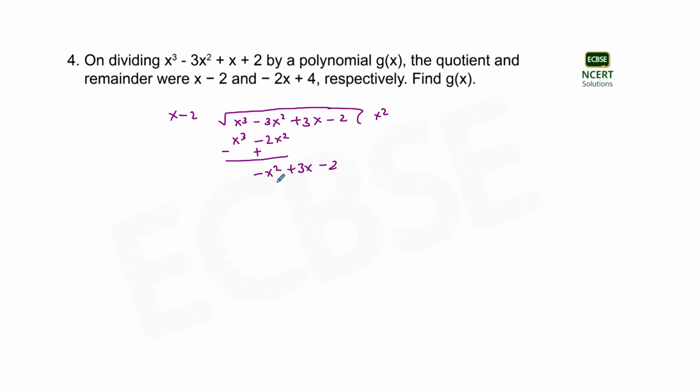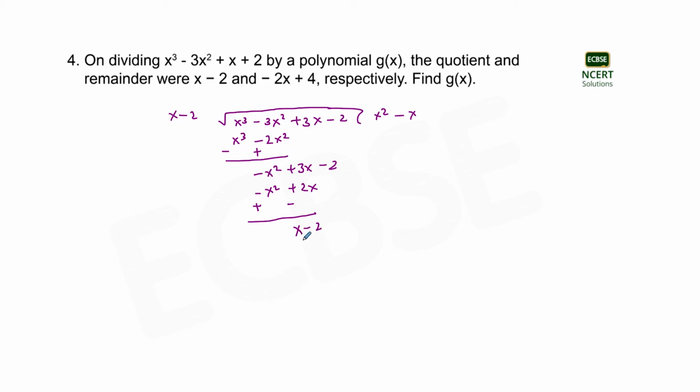Now again dividing the first term of the dividend by the first term of the divisor, that is -x^2 by x, the term which we obtain is -x. So now multiplying -x with x - 2, the polynomial which we obtain is -x^2 + 2x. Now again changing the sign, and subtracting the second from the first polynomial, we obtain x - 2.